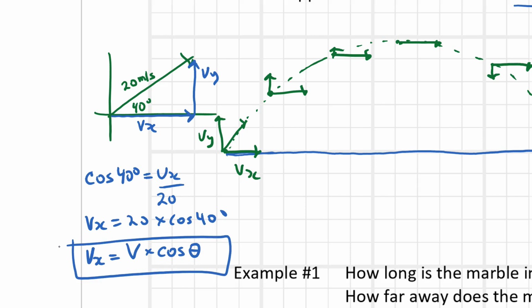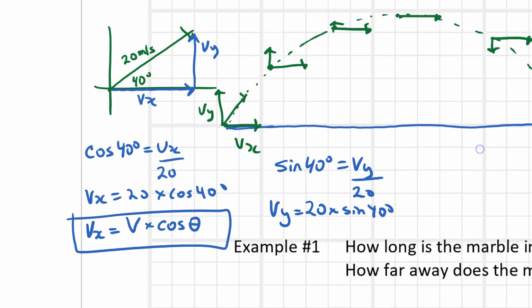Similarly, the y direction is going to use the opposite side of this triangle. So that would be the sine of 40 degrees is equal to Vy divided by 20. And so we would get Vy is equal to 20 times the sine of 40 degrees. Can you figure out what that would look like for our general rule? It would be Vy is equal to V times the sine of the angle.